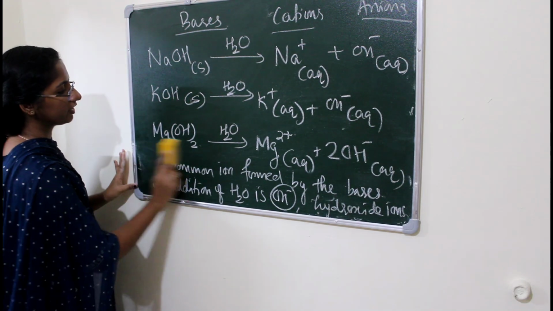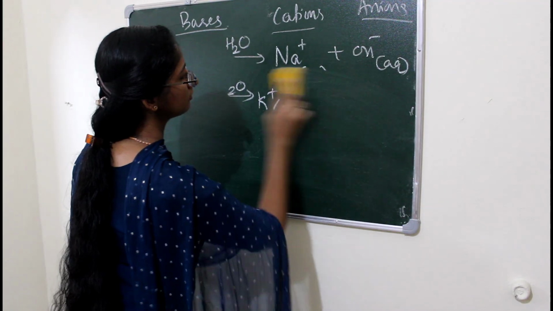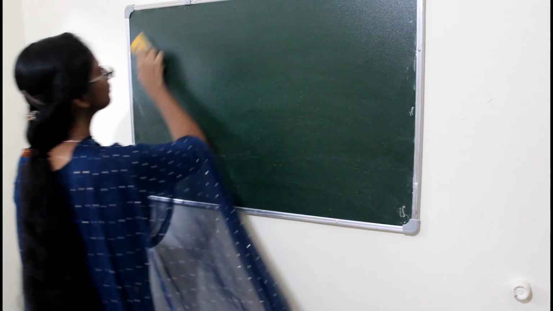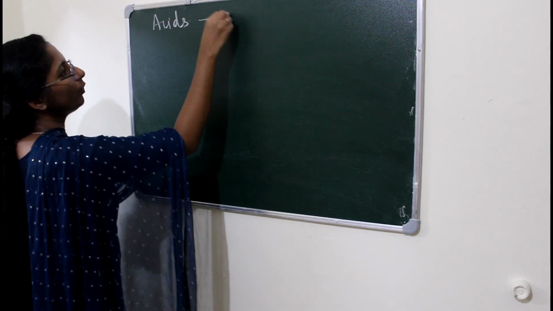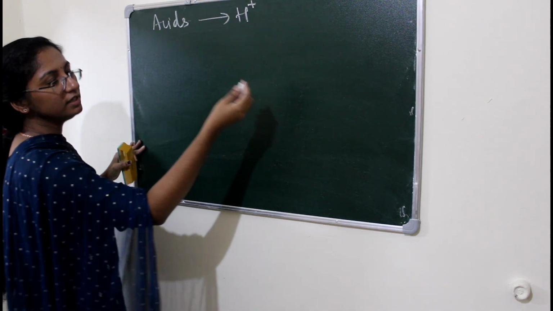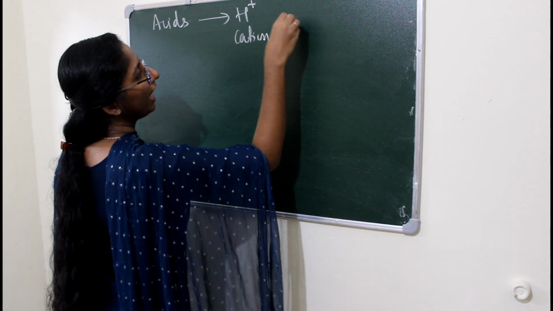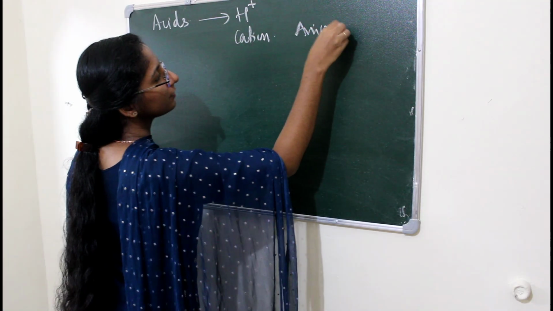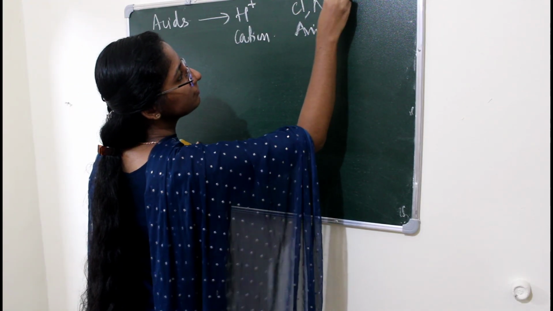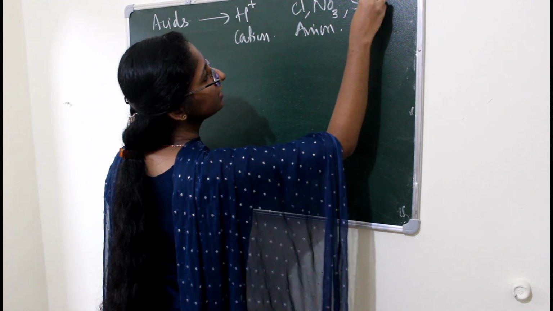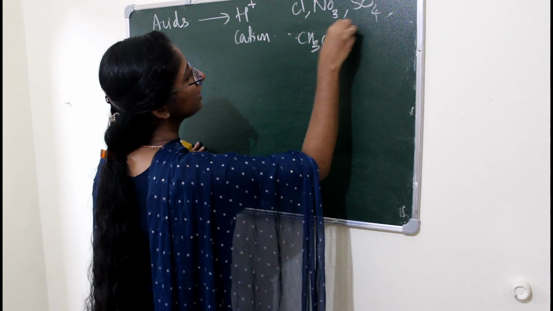Okay, so we can commonly write the case of ions. In acids, we have H plus ion as the cation. The anion can be Cl minus, NO3 minus, SO4 2 minus, CH3COO minus, like that.